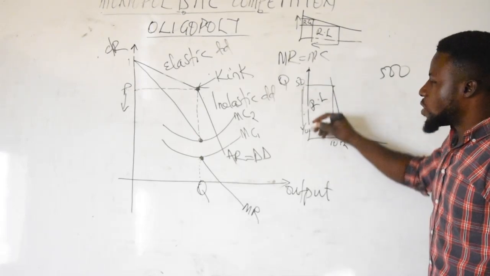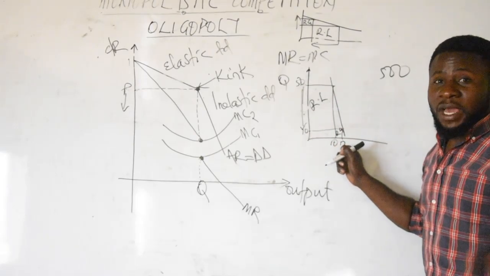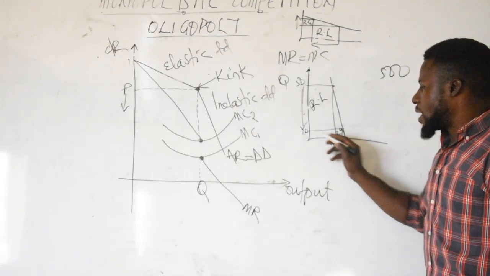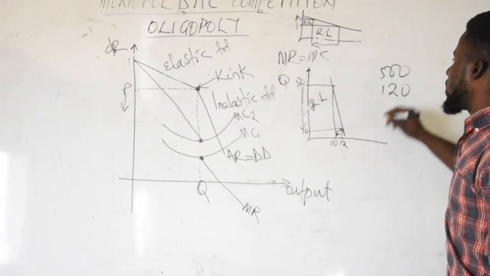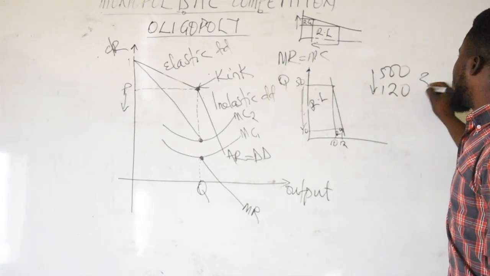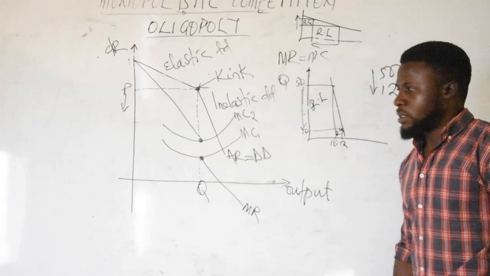Now that you have dropped your price hoping to increase sales, sales have actually increased by a lesser proportion. You now have 10 times 12, which gives you 120. So you have experienced a very big loss in total revenue of 380 francs.